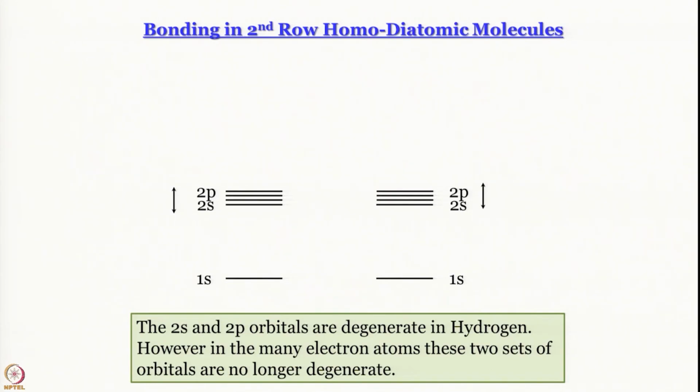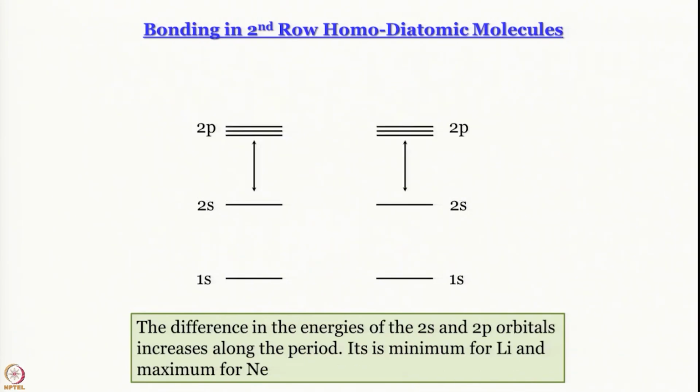Is it that for hydrogen you have 2s and 2p orbitals of the same energy, and all of a sudden you go to the second row and they become different in energy, or is it graded, that for the lighter elements of the second row do we still have s and p close in energy, and since their energies are close, can they mix to form hybrid orbitals?